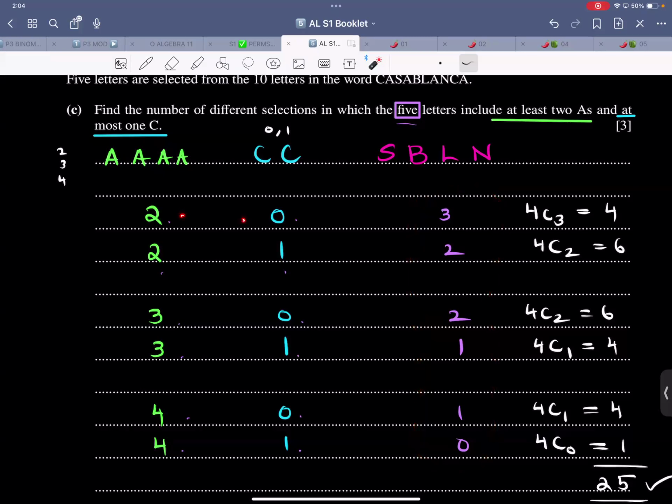Since we have selected 2, I want the remaining 3 because I need a total of 5 out of these 4. So this is 4C3, since 2 plus 1 is 3. Select 2 out of 4. This is 3, select 2 out of 4. This is 4, select 1 out of 4. This is 4, select 1 out of 4. This is 4 plus 1 is 5, select 0. Still you have to write it.